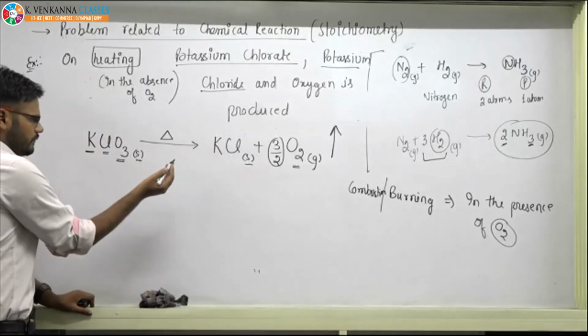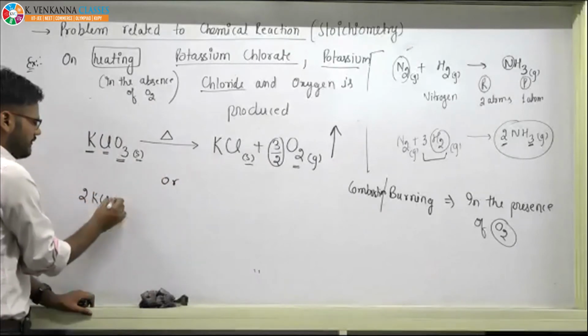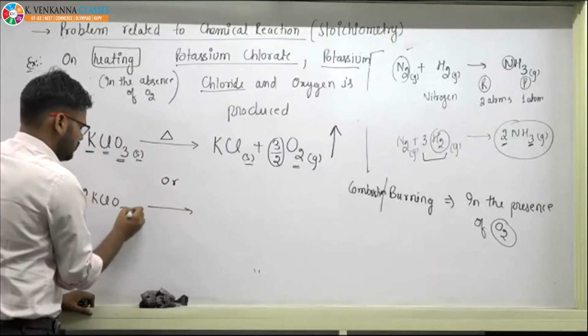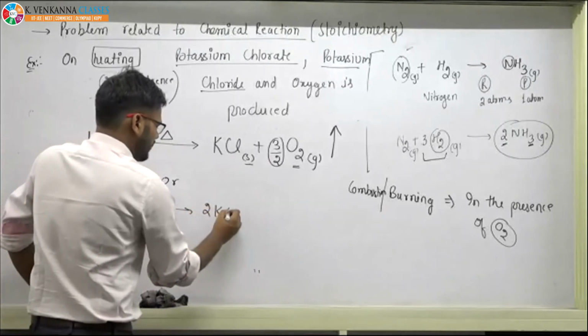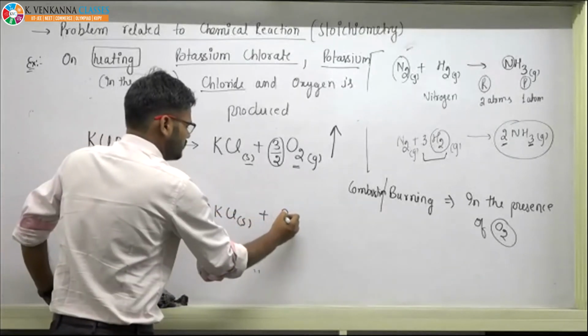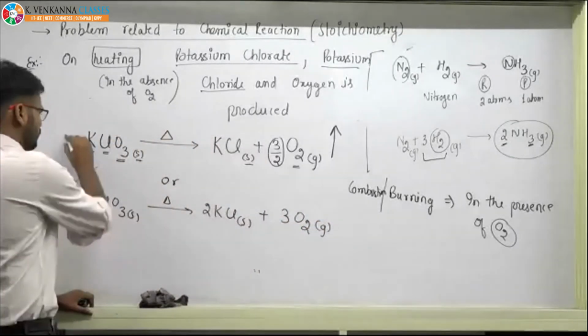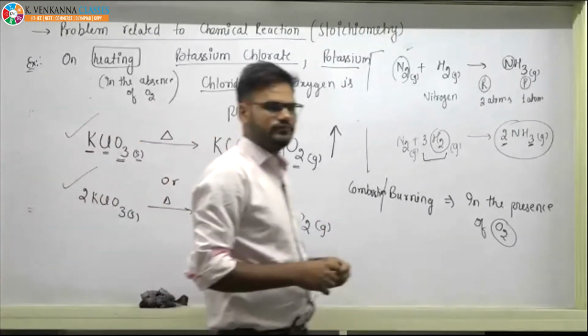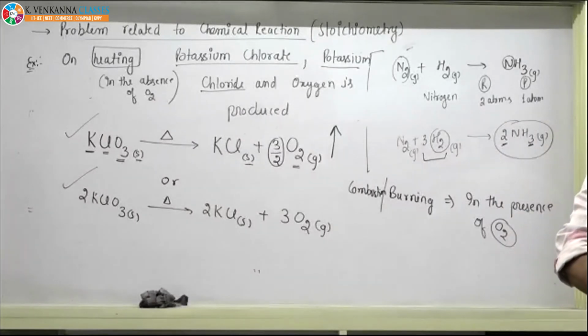So we can write 2 KClO3, multiplying the whole reaction by 2, so it will also become 2 KCl. This will become 3O2. So this is our balanced equation, either of the 2 will represent a balanced equation.